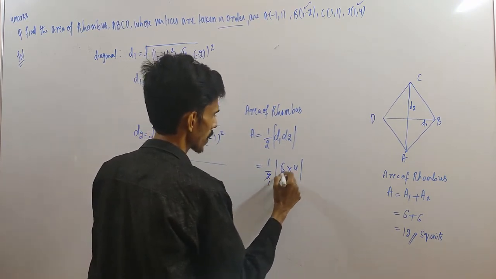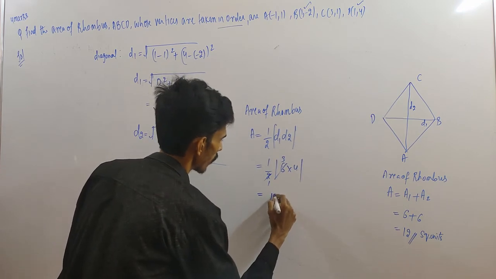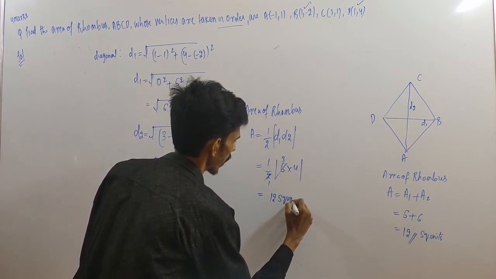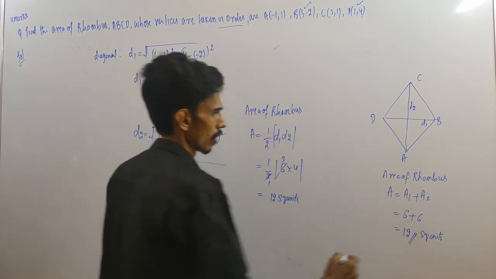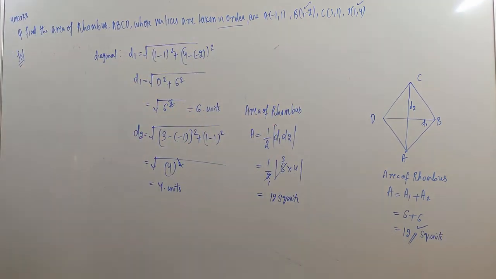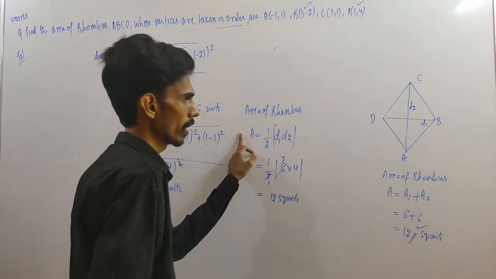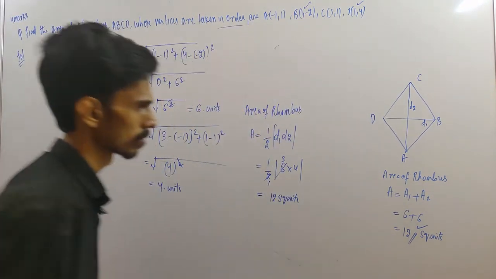So 2 ones are 2, 3 fours are 12. 12 square units. We got 12 square units here also. So we can make use of any of these methods. Both are right. You can use this method or this method.